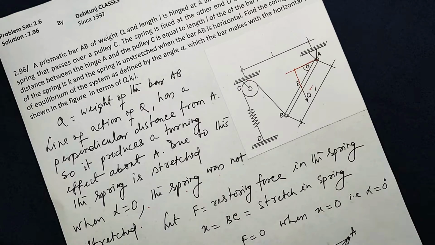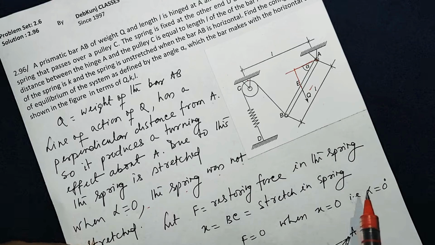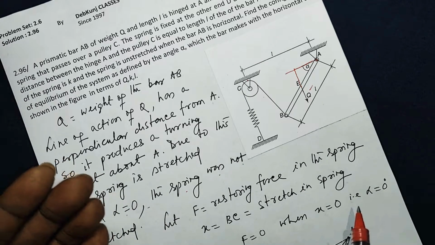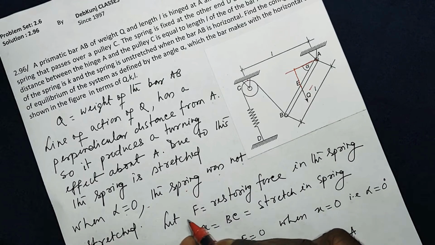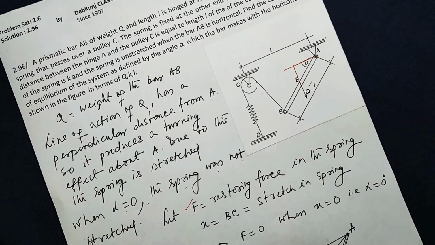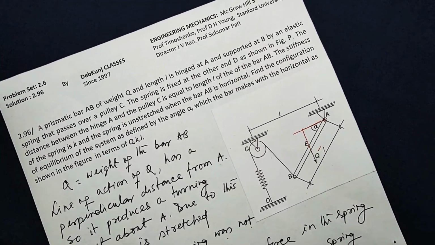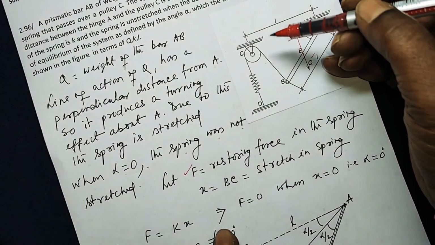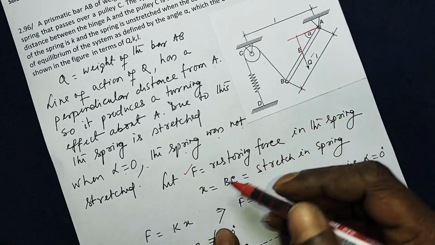Now, as you know, when you stretch a spring, the spring applies a restoring force in the opposite direction, trying to regain its original configuration. That force is called the restoring force. Let it be F. Now let the stretch from C to B produced in the spring be equal to x.